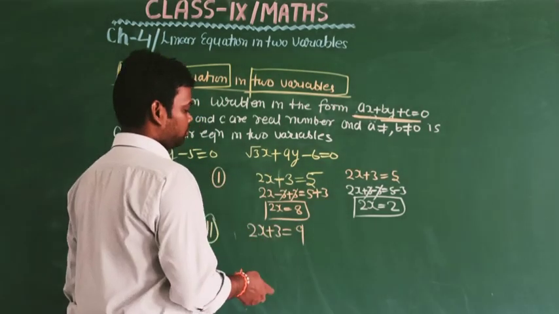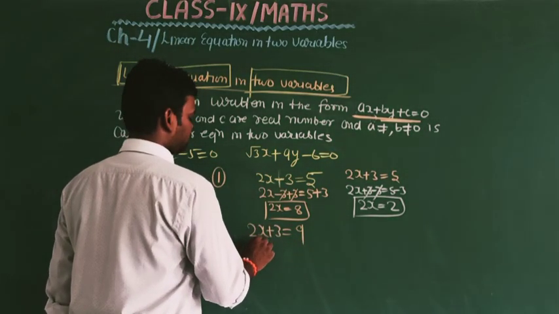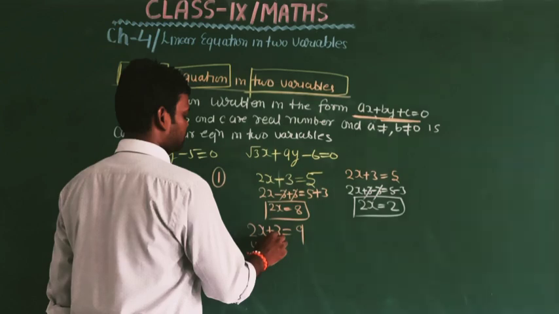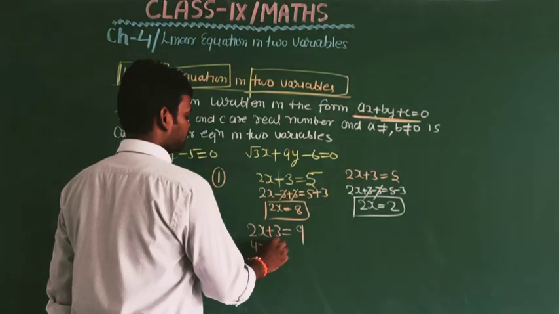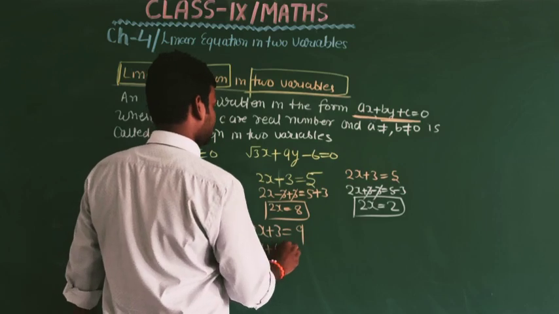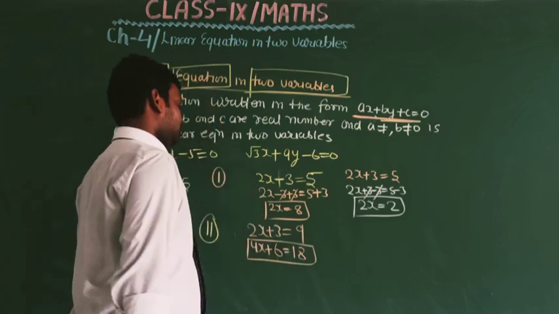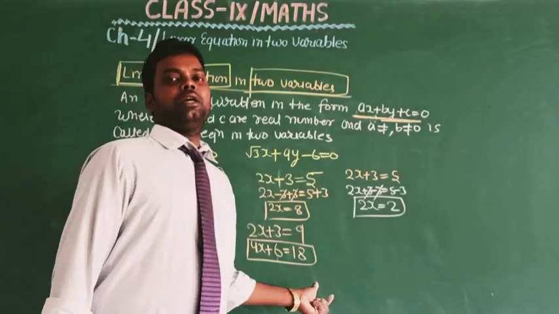If we multiply both sides by 2, we get 4x plus 6y equal to 18, which does not affect the equation.